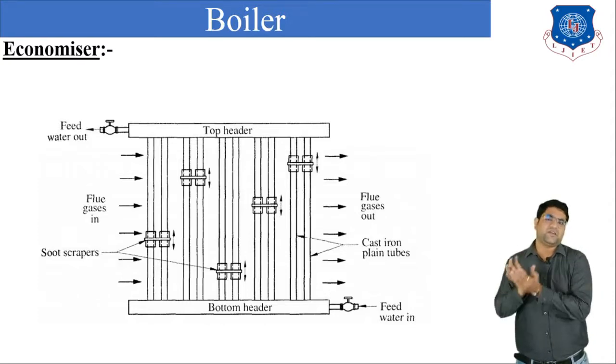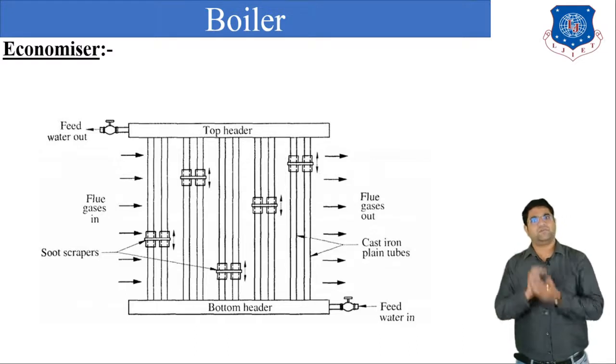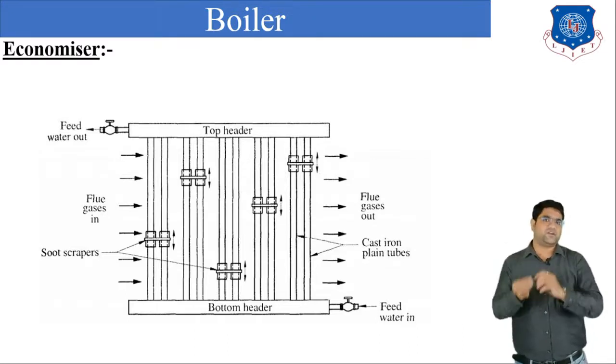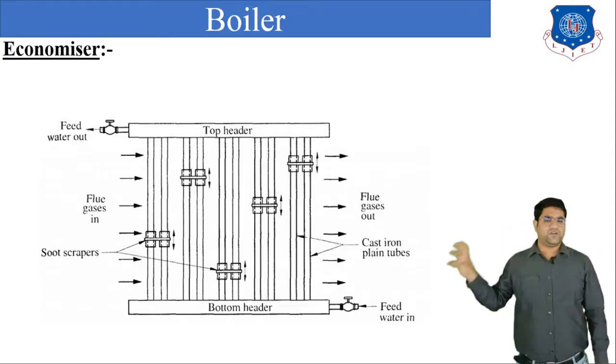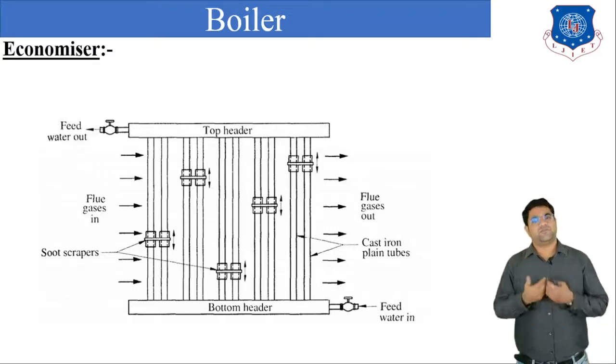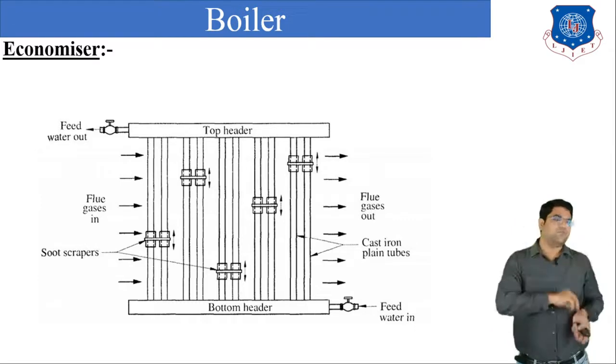If we increase the temperature up to 20 or 30 degrees Celsius and provide this water to the boiler, then we have to use less fuel compared to the 5 or 6 degrees Celsius water. So with the help of the economizer, we can preheat the water before supplying it to the boiler.